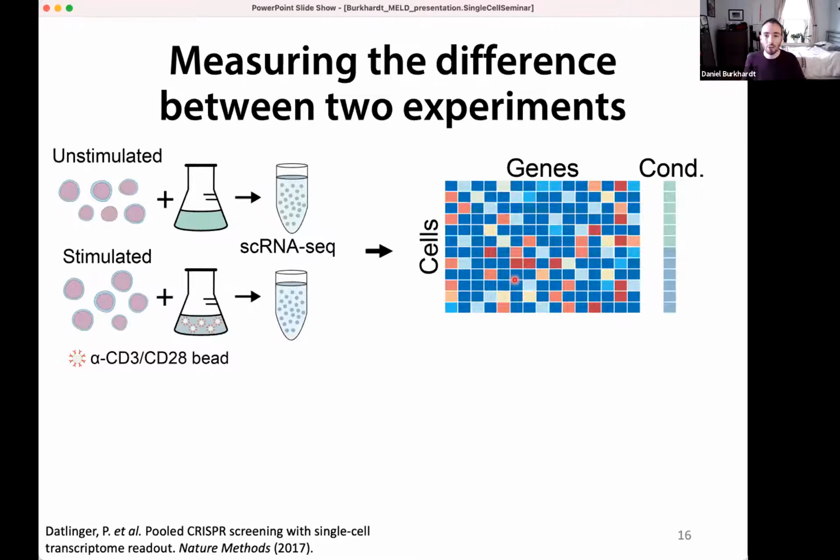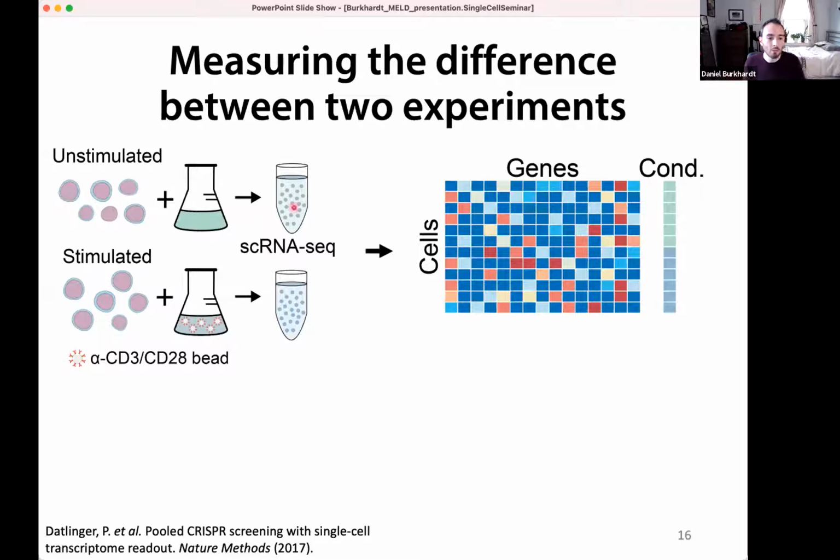The first set of single cell experiments that were done, right after 2015 with these droplet techniques, was just characterizing biological heterogeneity. But as time has gone on, people are starting to use single cell experiments as an experimental readout. We're looking at a paradigm here from a CRISPR screen experiment published in Nature Methods in 2017.